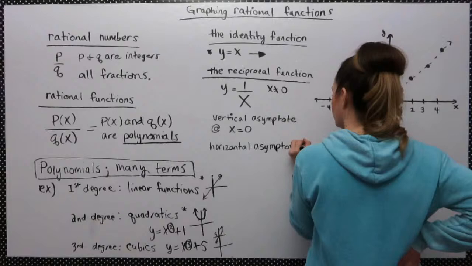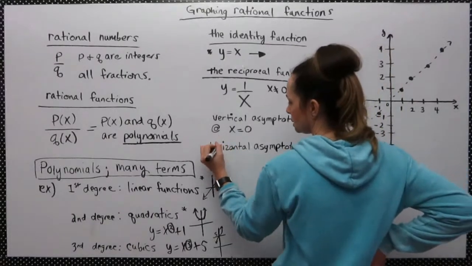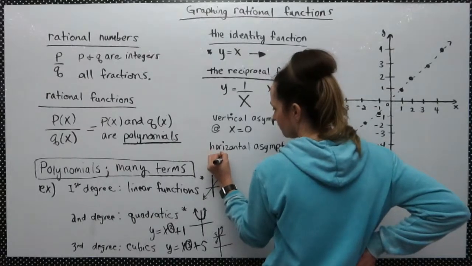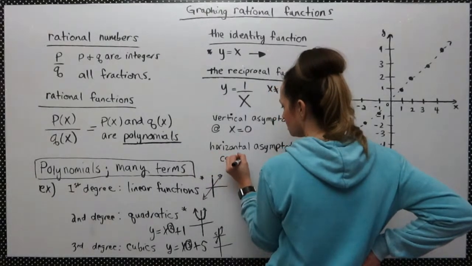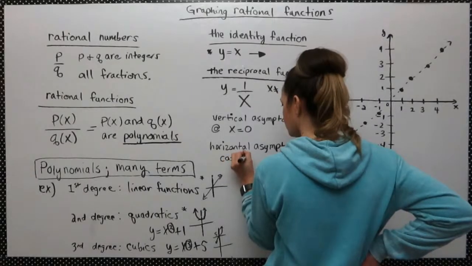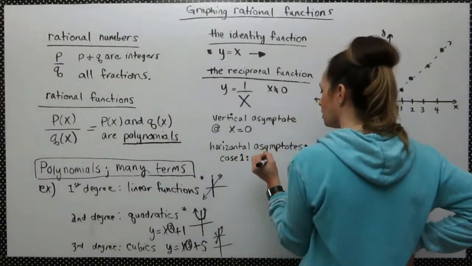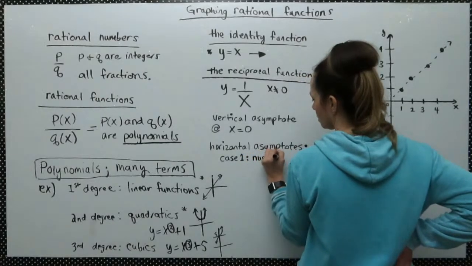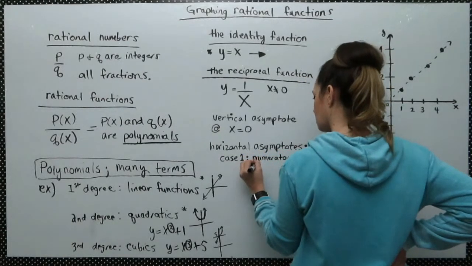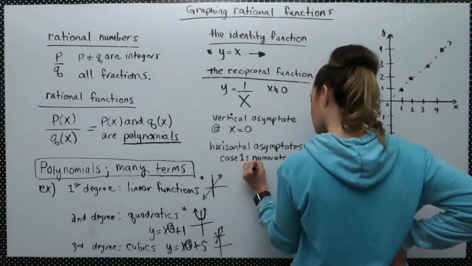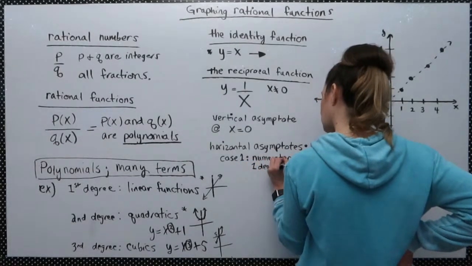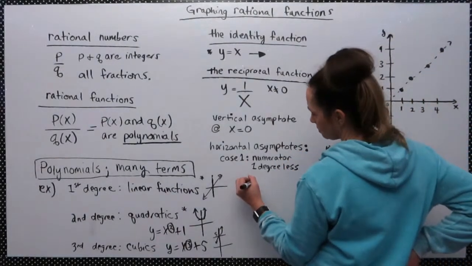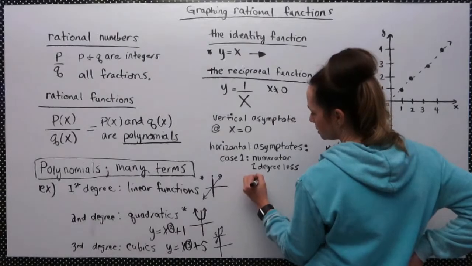And the rule for finding horizontal asymptotes is this. There are 3 cases. In case 1, you look at the numerator and the denominator. If the numerator is 1 degree less than the denominator, then your horizontal asymptote is at y equals 0.